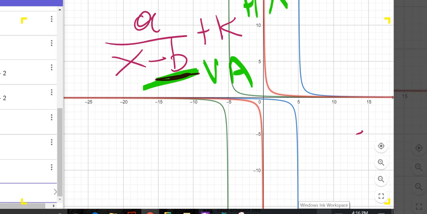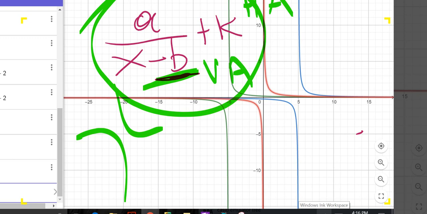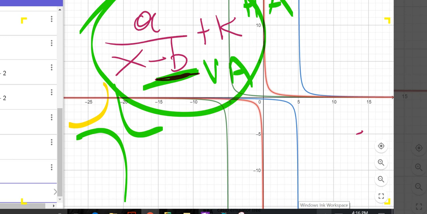This gives me my horizontal asymptote. Okay. All this tells me that it is a hyperbola, either this, or if it is negative, like this. Done.